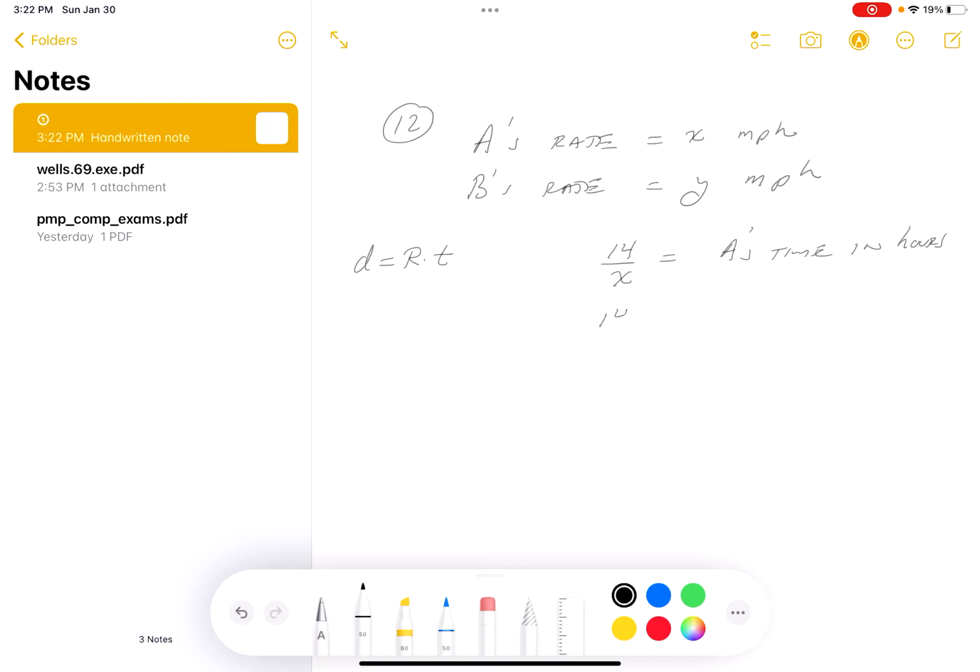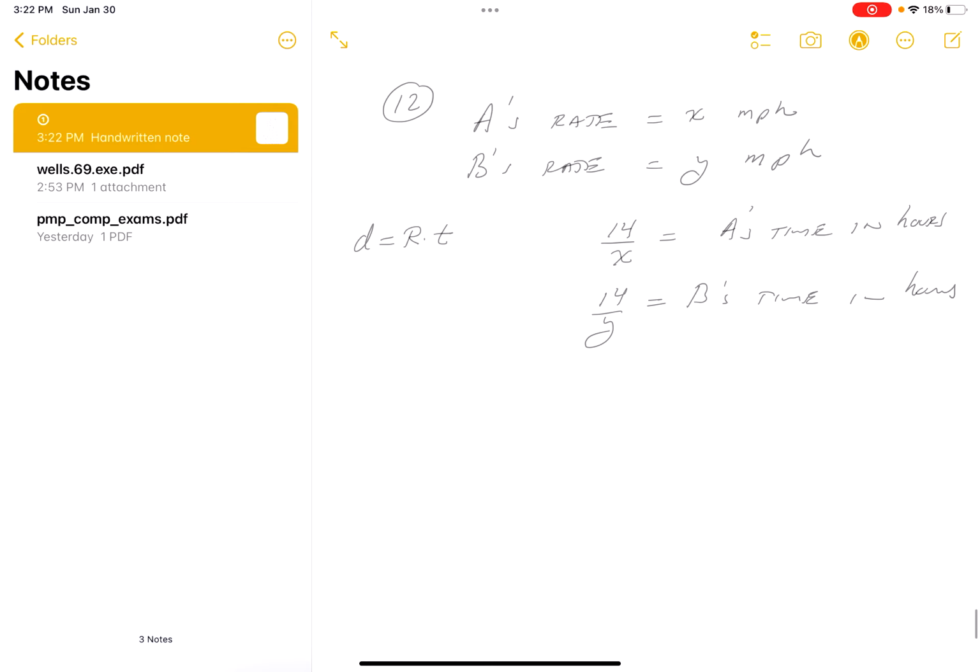And 14 divided by Y would be B's time, again in hours. Now, what do we know? We know that B takes longer. B taking 20 minutes longer.